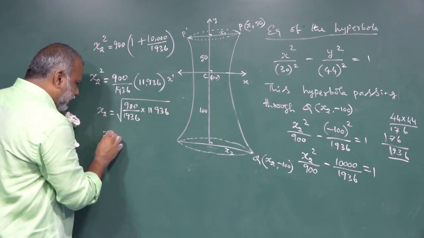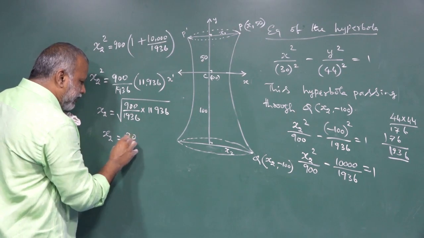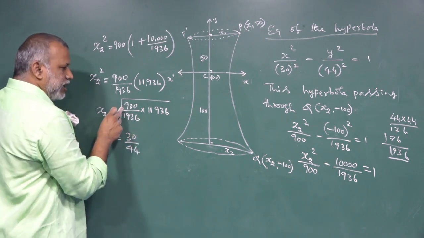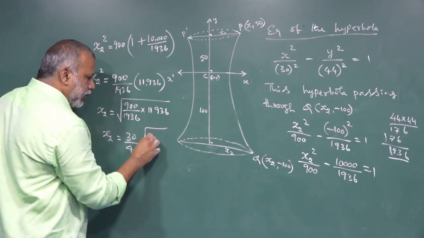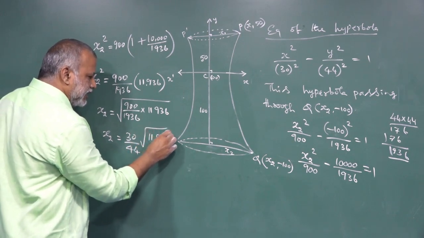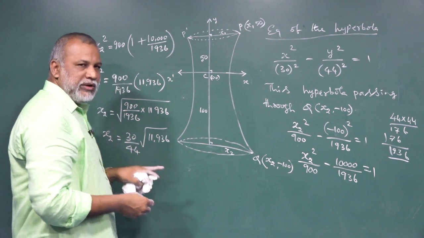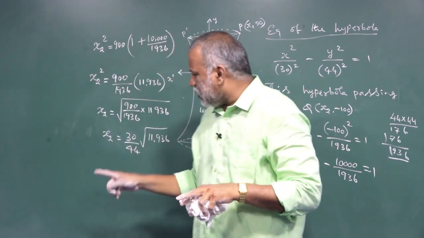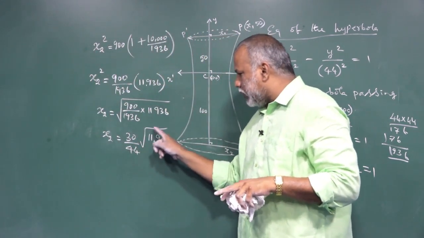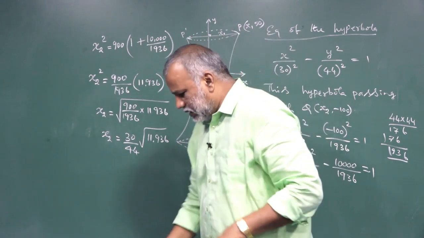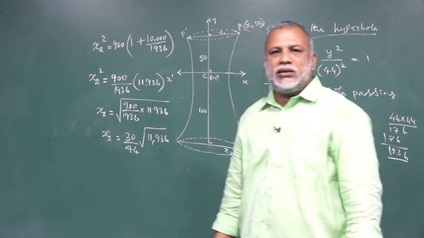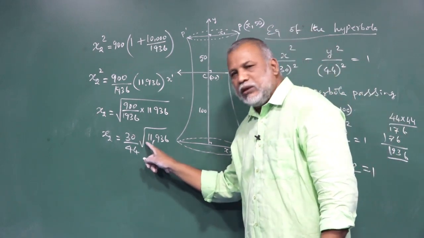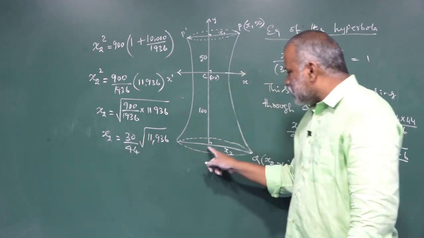So x2 equal to 30 divided by 44, square root of 11,936. Dear student, you have to simplify this calculation. This is the value of x2.